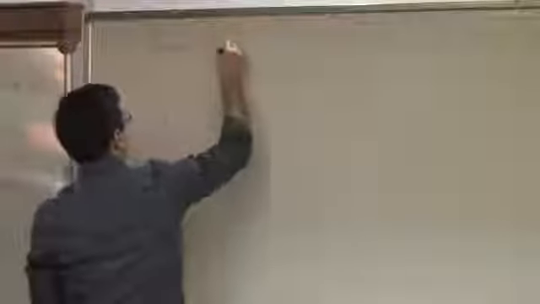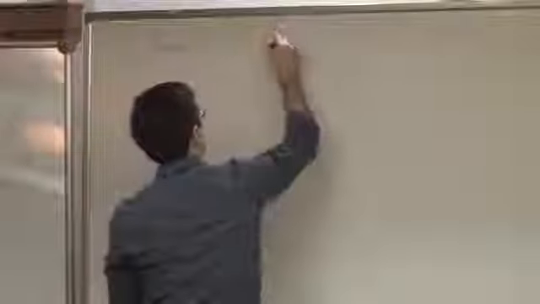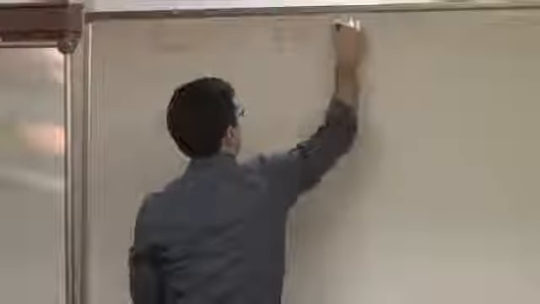So, first of all, the endomorphism ring of the Jacobian is naturally a subring of this lambda.